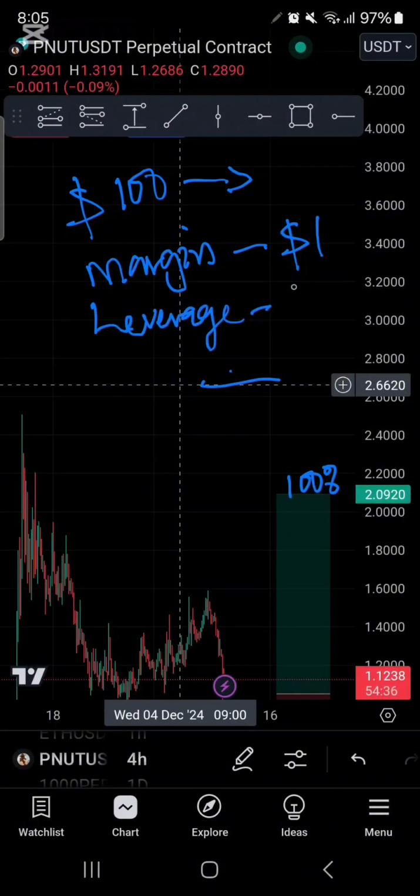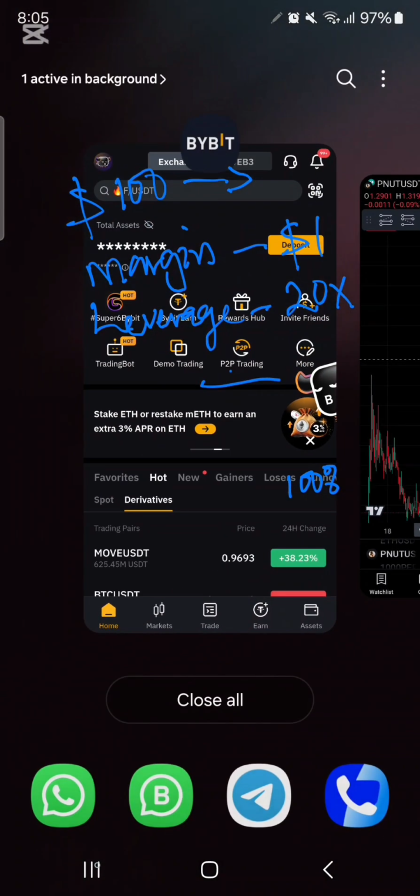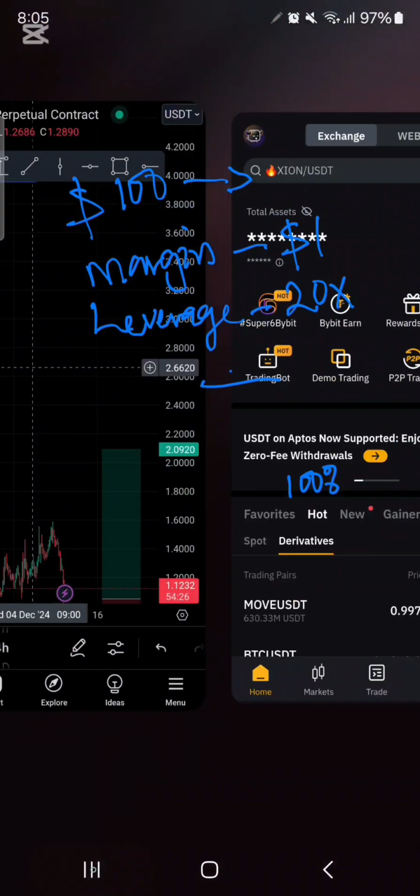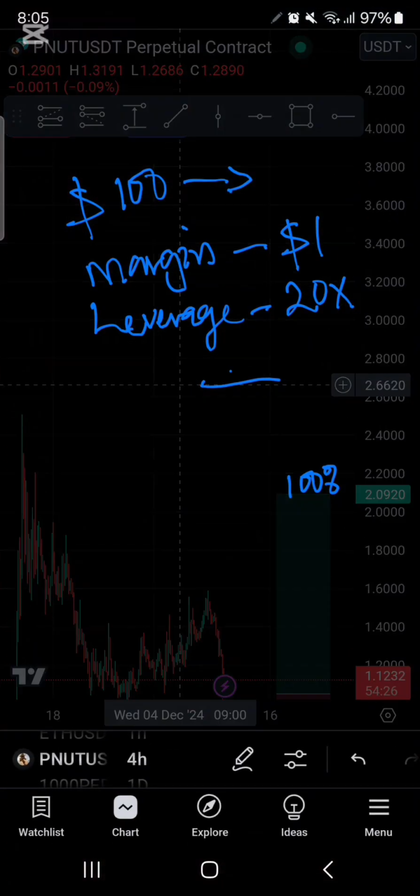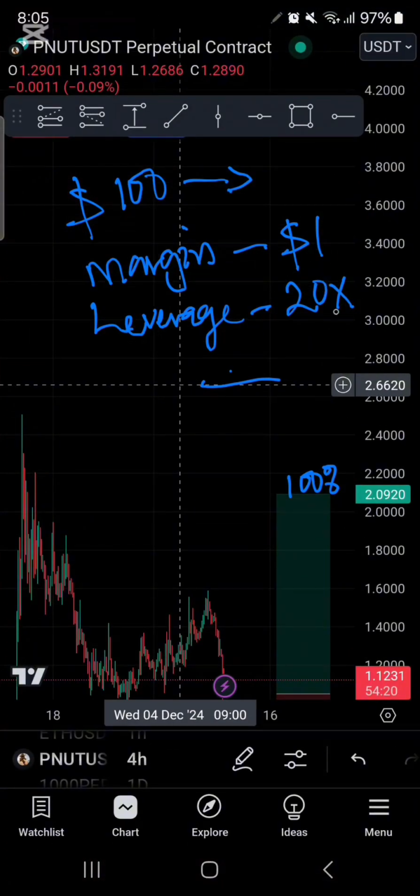Then we also talk about leverage. Let's say we're going to be using 20x leverage. We're still going to be looking at other leverages. So let's look at the calculation. Guys, take note of the margin, because I'm going to multiply the percentage by the leverage.